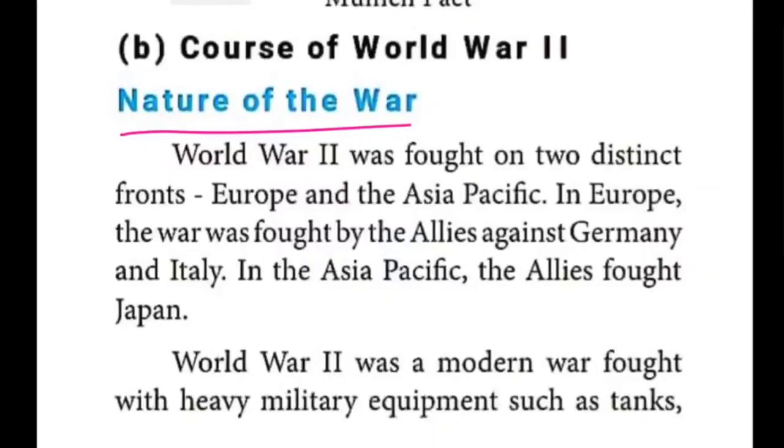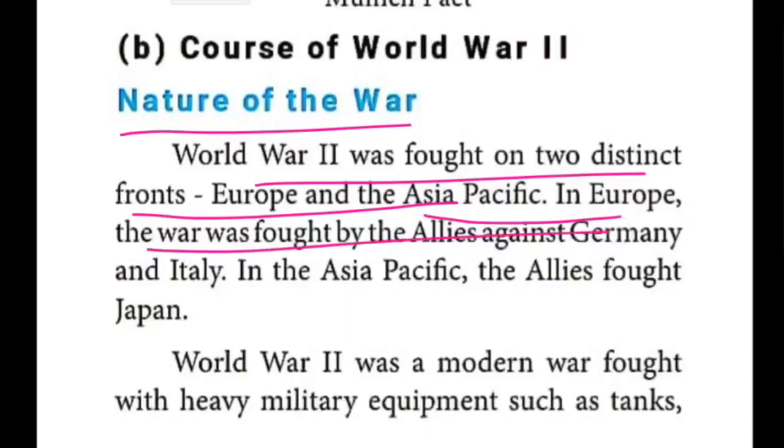World War II was fought in two different areas. One was in Europe, another one was in the Asia Pacific. In Europe the war was fought by the Allies against Germany and Italy.